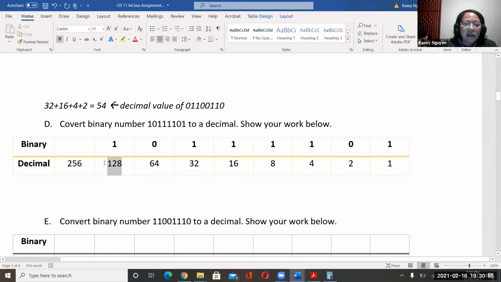Once I do that, I just add up the decimal equivalents where I have the 1 on top, because those are the bits that are on. So you just take 128 plus 32 plus 16 plus 8 plus 4 plus 1, and you would have your decimal output.